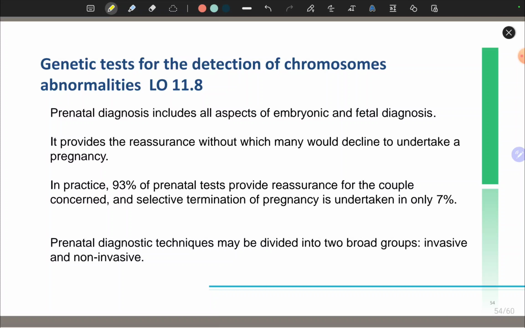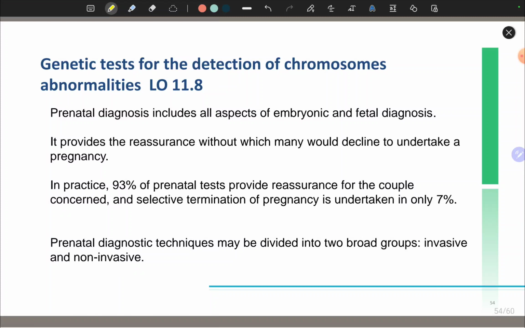Okay. The other things are the genetic tests for detection of chromosomal abnormalities, apart from the karyotyping. So prenatal diagnosis, prenatal means before birth. Prenatal diagnosis includes all aspects of embryonic and fetal diagnosis. It provides reassurance without which many would decline to undertake a pregnancy.